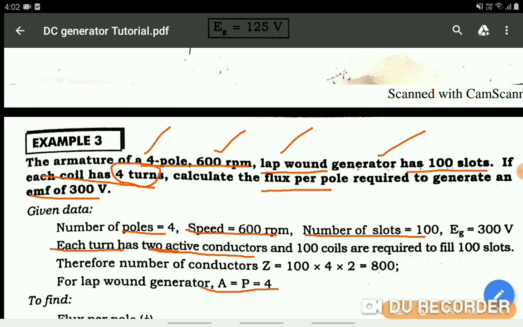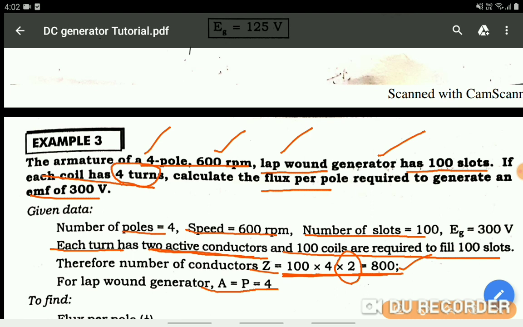See, it has 2 conductors, and 100 coils are required to fill 100 slots. So the number of slots is 100, 4 turns, and each turn has 2 active conductors. So you have to multiply 100 into 4 into 2. That's it. Your Z becomes 800.